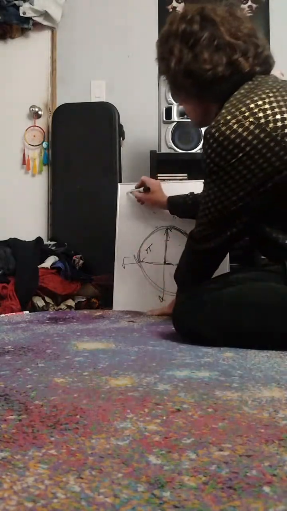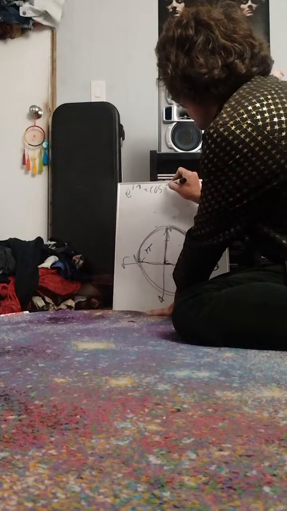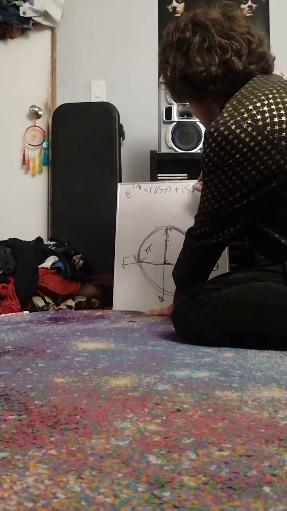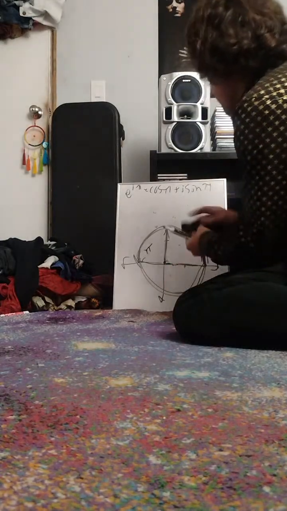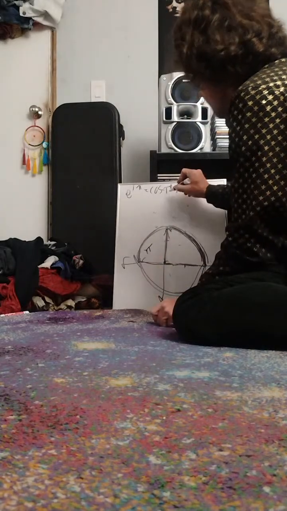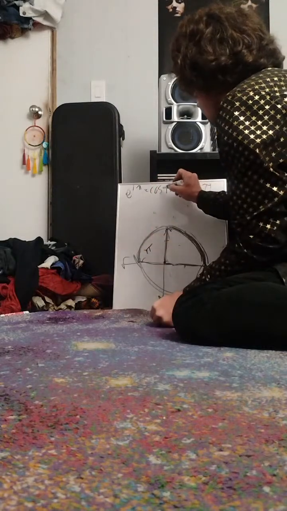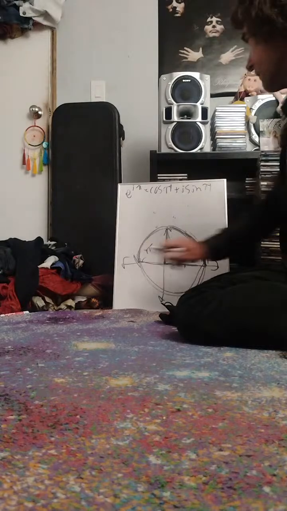So by our formula, e to the I pi equals cosine pi plus I sine pi. That's for this one right here.